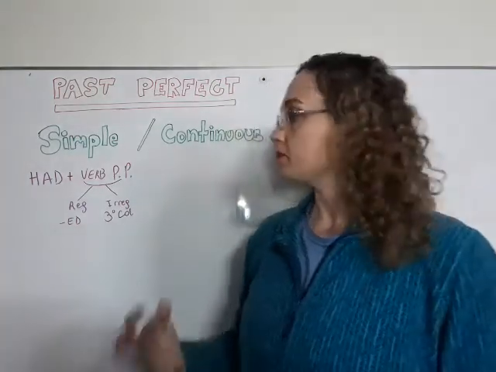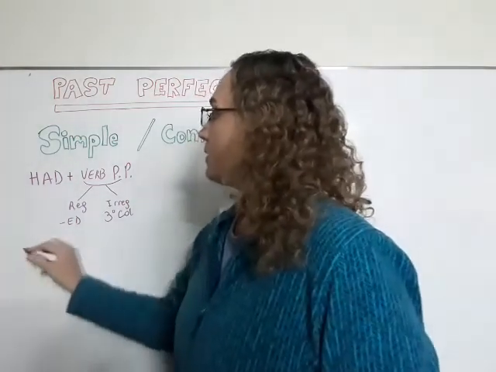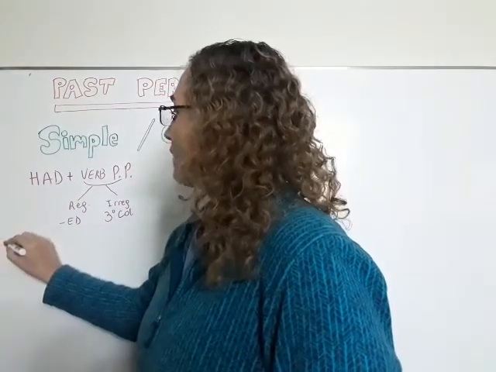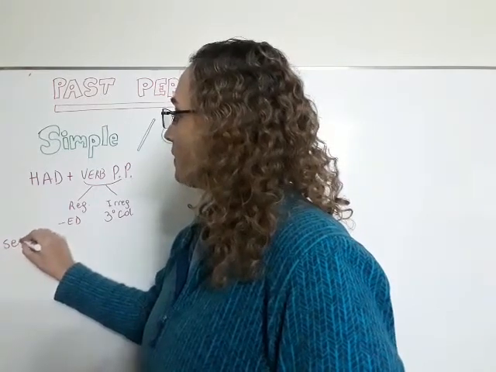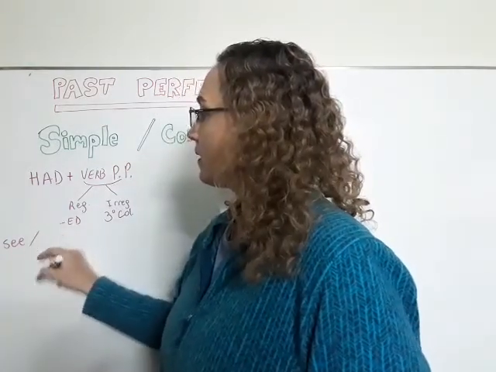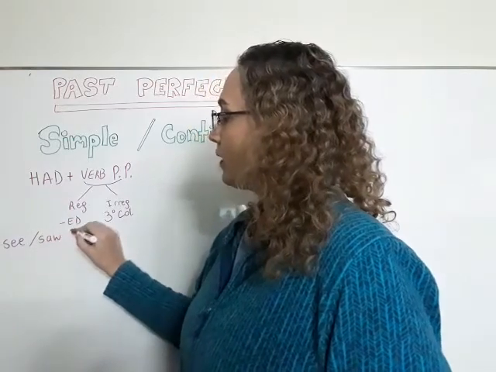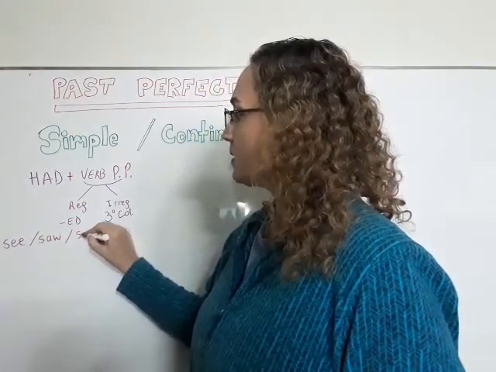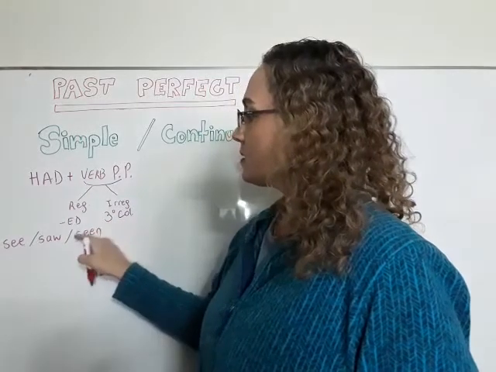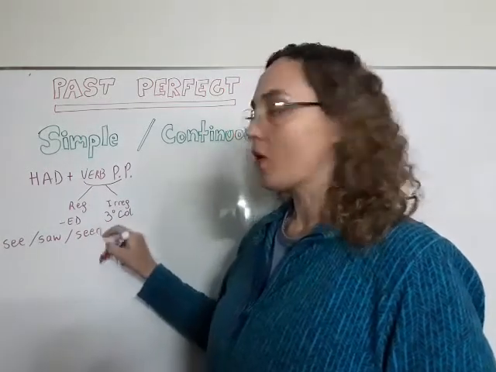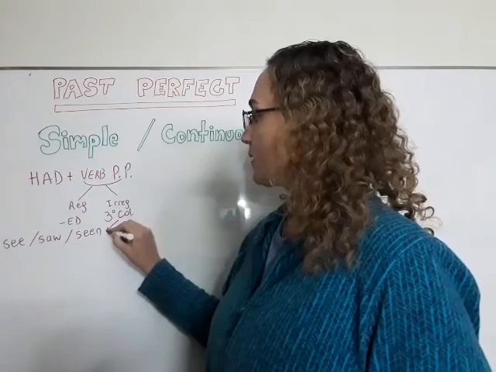All right? For example, you have the verb see in infinitive. The second column is saw. And the third column is seen. This is the past participle form of the verb, all right?